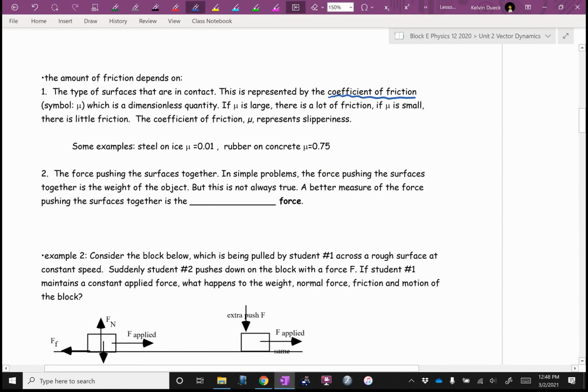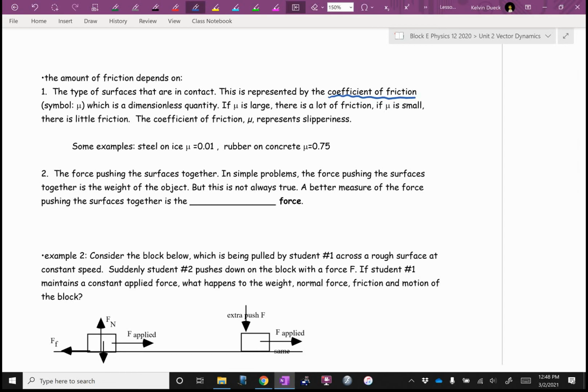The second thing that friction depends on is sort of how heavy an object is. We agreed that bigger objects are tougher to slide. But we also last year wanted to account for the fact that if you lift up as you're sliding something, it gets easier to slide. And we said, well, the mass of the object isn't changing, mg isn't changing.